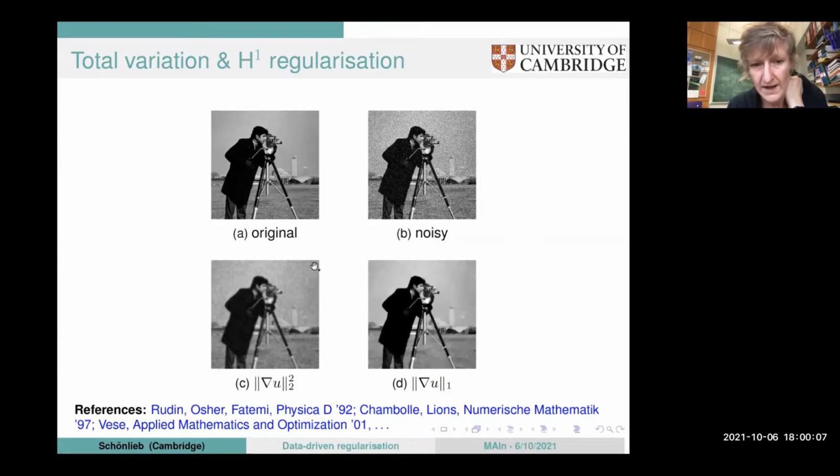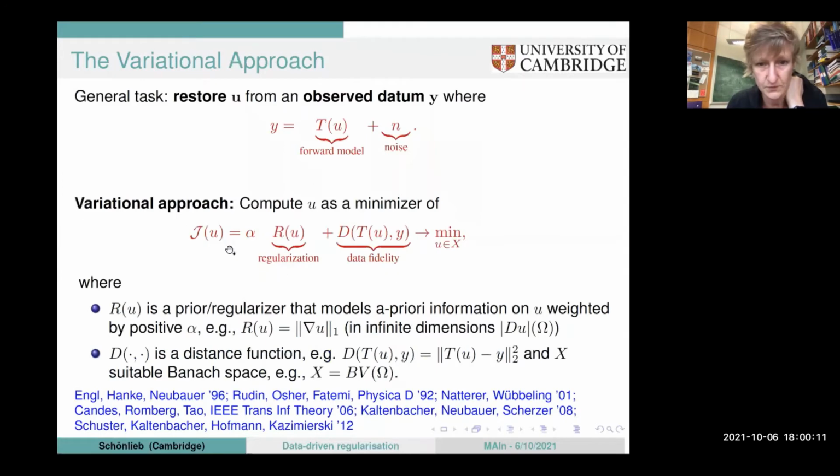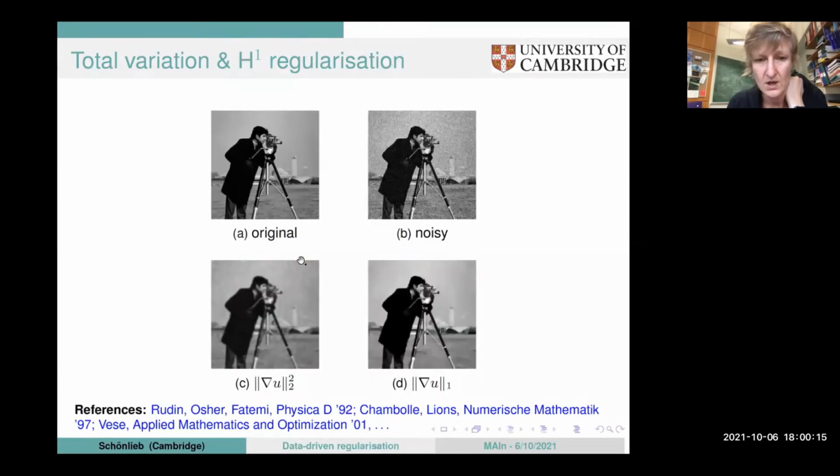This is my y, and then I compute two solutions of this variational problem for two different choices of regularization. One is the total variation that I've been talking about just now, where you can clearly see this piecewise constant character. The other one is the H1 semi-norm, just so you see the differences.